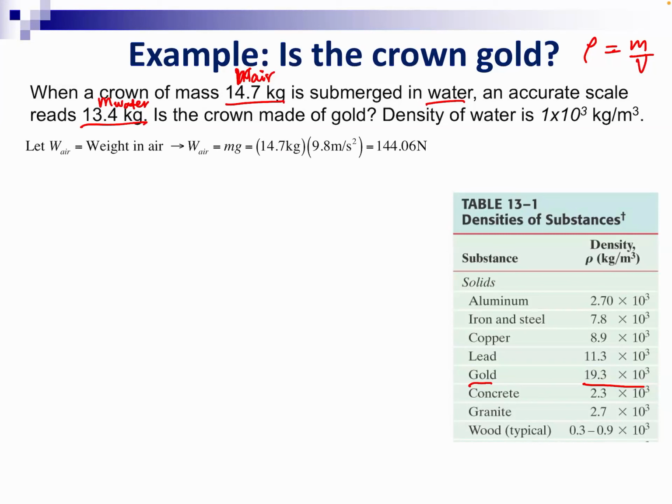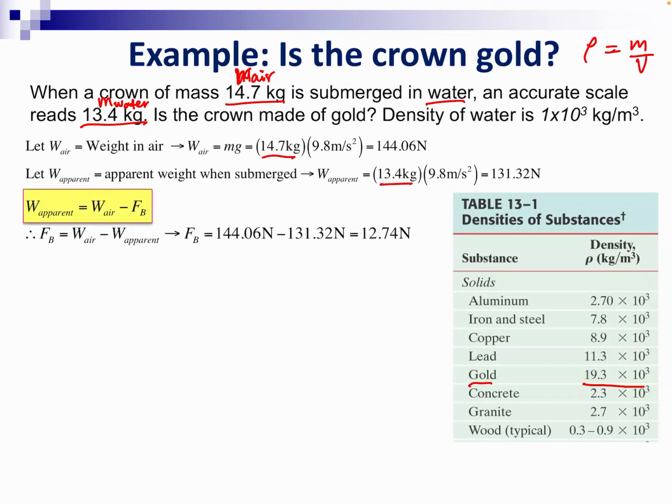So let's quickly see how to solve this. We know the mass of the crown in air, so just multiply that with g to get the weight. And then we know the mass of the crown when it's submerged, so we can find its weight when submerged.